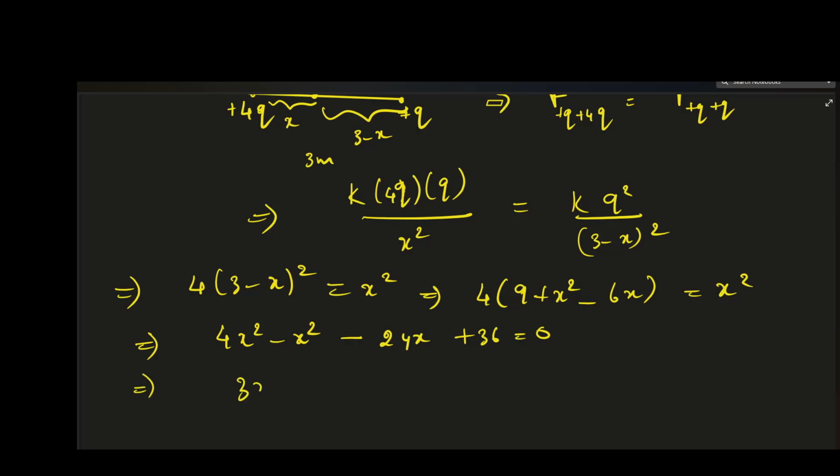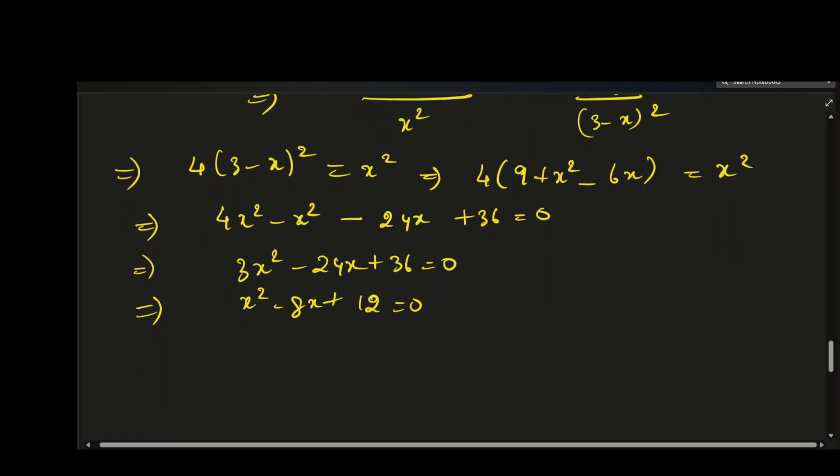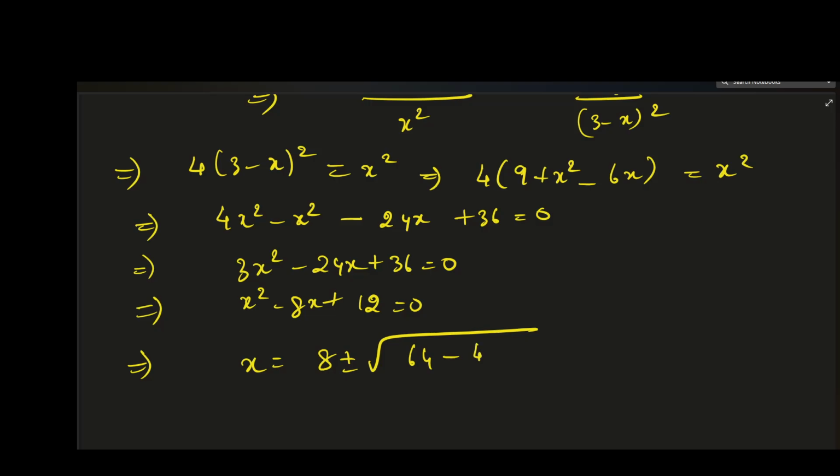That is 3x square minus 24x plus 36 equal to 0. This is x square minus 8x plus 12 equal to 0. So my x is supposed to be 8 plus minus 4 by 2, that is 6 or 2.